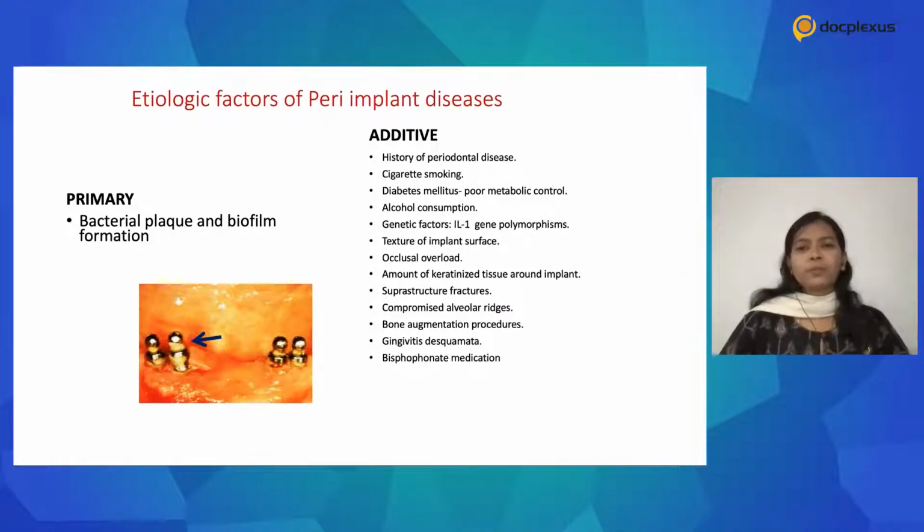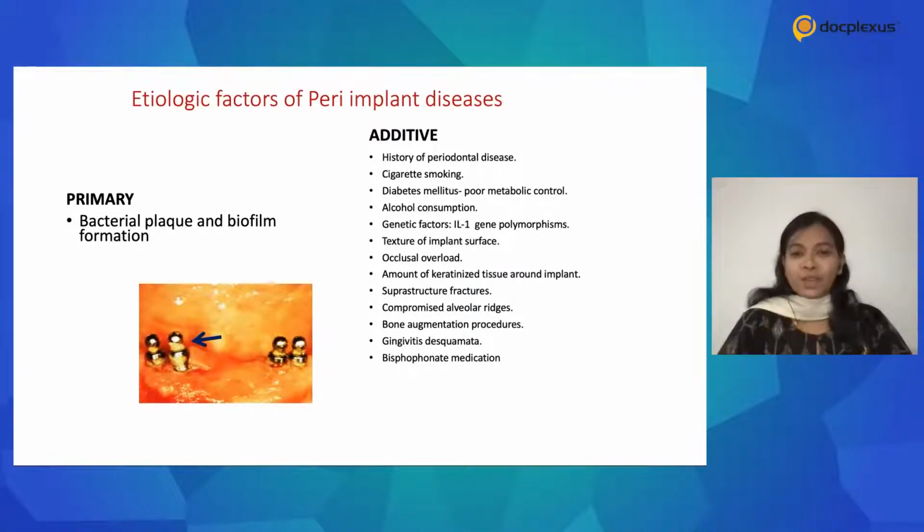Apart from that, there are some additive factors like if there is pre-existing periodontal disease, when there is smoking, or when there is diabetes mellitus, poorly controlled diabetes mellitus, alcohol consumption, genetic factors, especially IL-1 gene polymorphisms, when the texture of the implant surface is very rough, when there is occlusal overload, when the amount of keratinized tissue around the implant is very less.